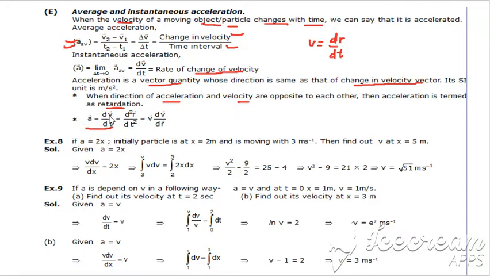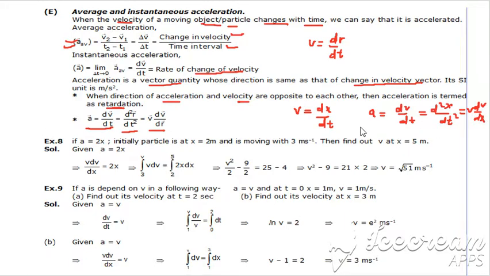Now in case we replace this v by dr by dt, this becomes d2r upon dt2, or we can replace it by v dv upon dr. For the one dimension case, we can write v is equal to dx by dt, where x is the displacement, and a can be written either as dv by dt, or as d2x upon dt2, or as v dv upon dx. So that's for the one dimension case.